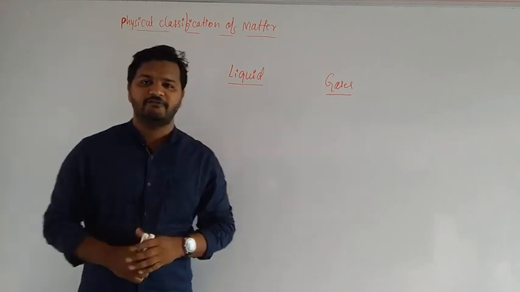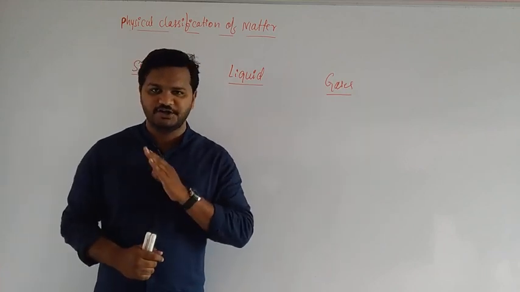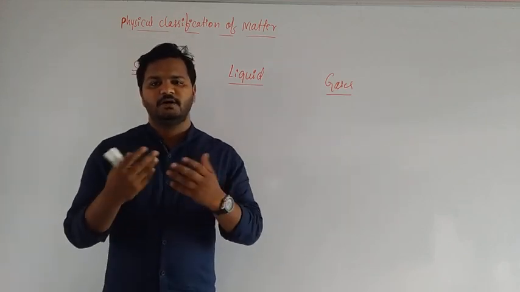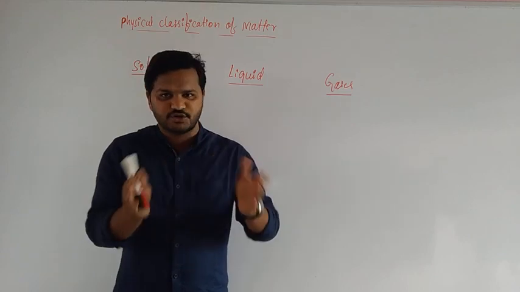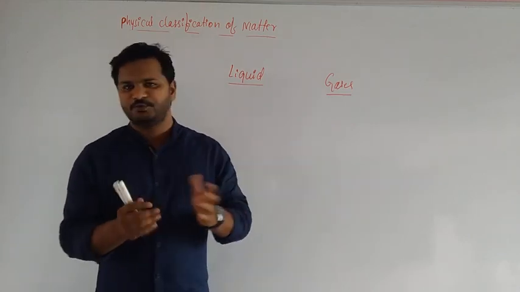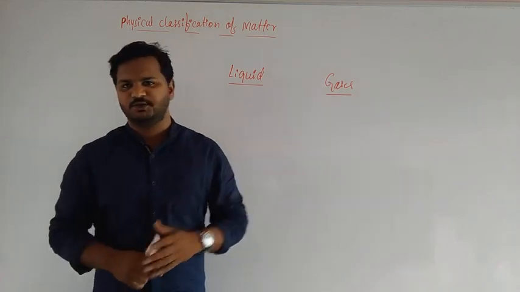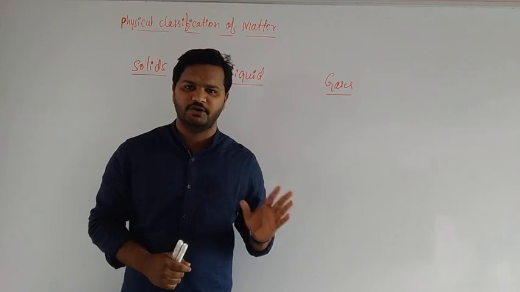Liquids have a definite volume, like 1 liter, 2 liter, 3 liter, but no definite shape, because they acquire the shape of the container. For example, if we put liquid in a pot, the liquid takes the pot's shape, and if we add it to a beaker, it takes the beaker's shape. That is why liquids have a definite volume but not a definite shape.